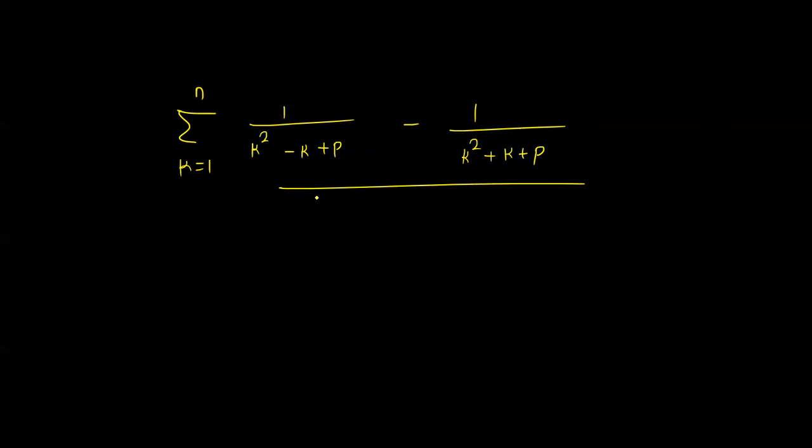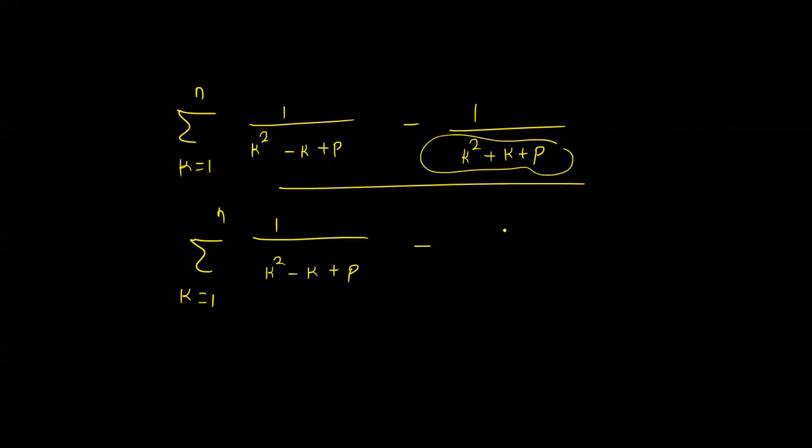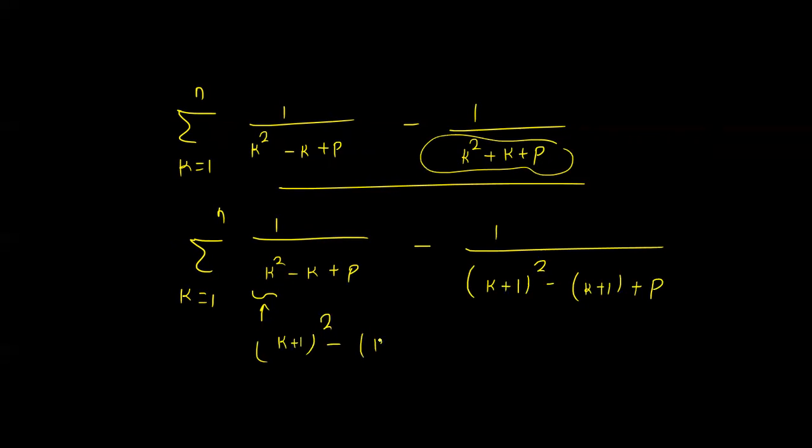Now you can write this in this way: instead of this you can write (k plus 1) whole square minus (k plus 1) plus p. Now you can see that if instead of k you put k plus 1, this will become the same thing.